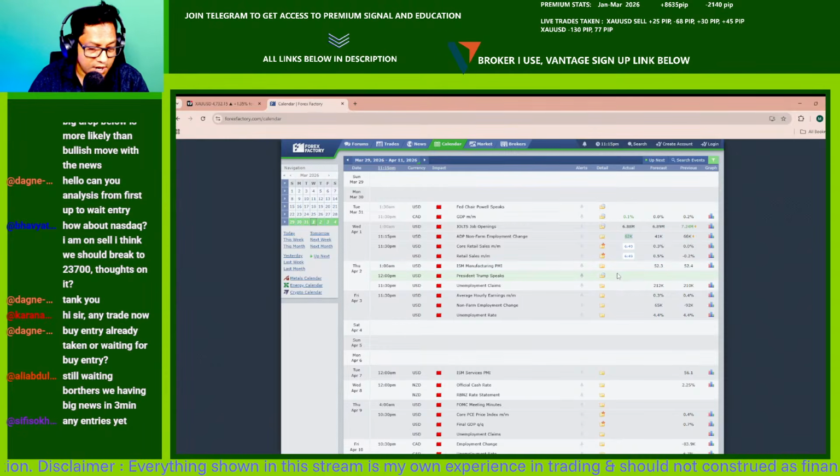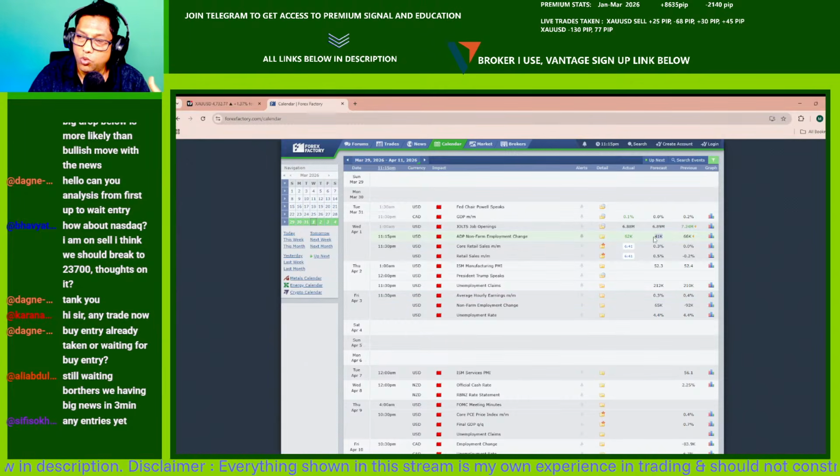So that means during this period there has been, so the forecast was 41k expected, but the actual 62k. So that means that during this time period there was much more than expected people has been employed and paid off.